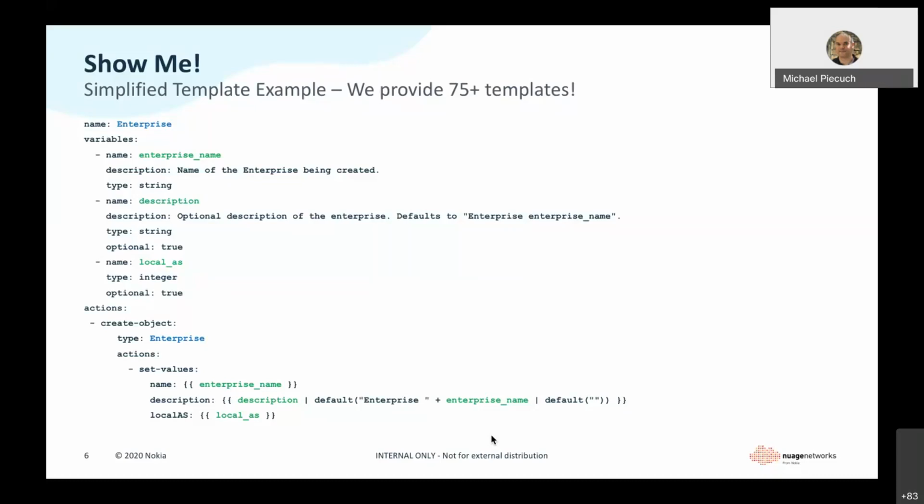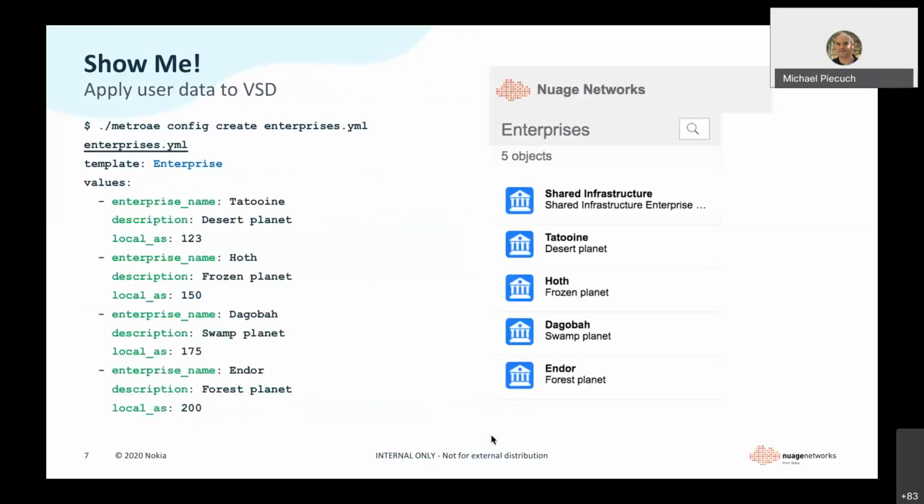Okay, so here we're going to apply this template to the VSD, and this is literally how you would do it. There are a set of installation and parameter specifying parts that will be talked about by Ishwar a little later.